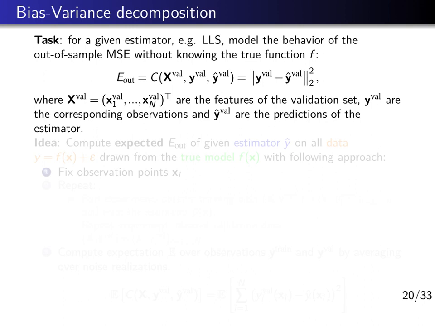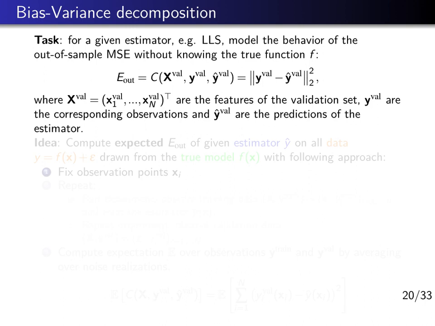Now, we have seen that the prediction error, or the out-of-sample error, has a bias and a variance component. Now we would like to analyze those components more quantitatively, and particularly for the linear least squares regression problem, we can actually do that in quite some detail, and we will do this here.